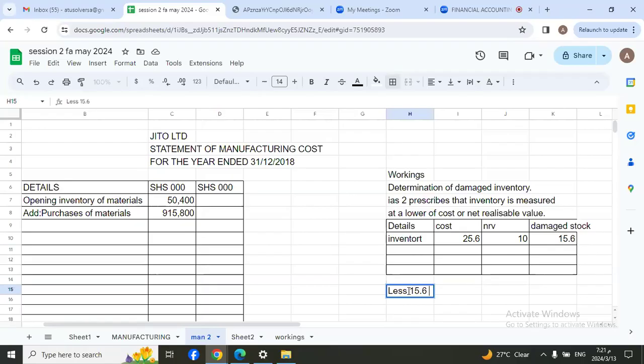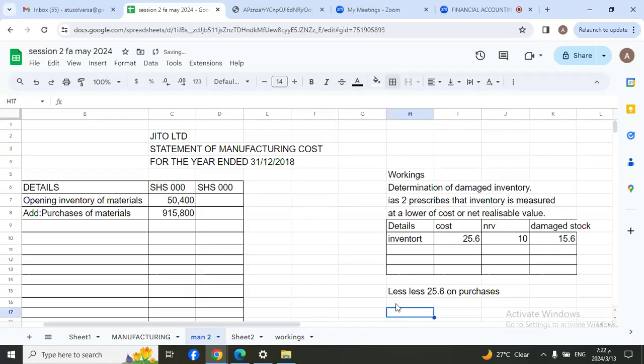We shall say less 25.6 on purchases. That is what we shall do, because they are telling us that we sold all at 10 million. So we are saying less 25.6 on purchases.